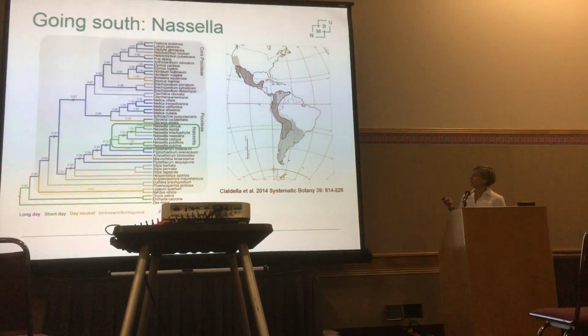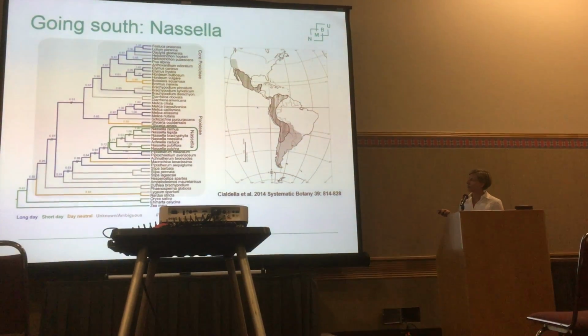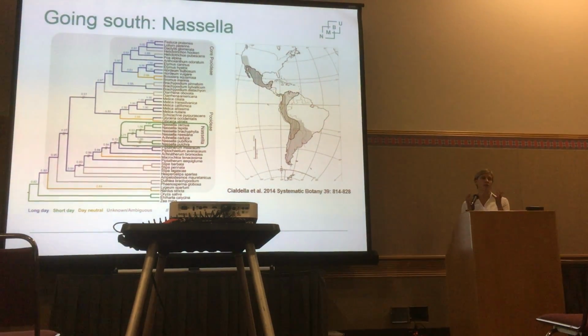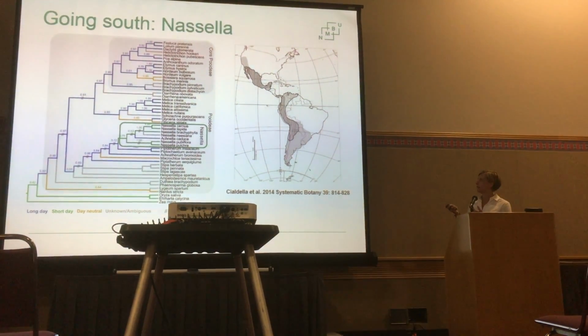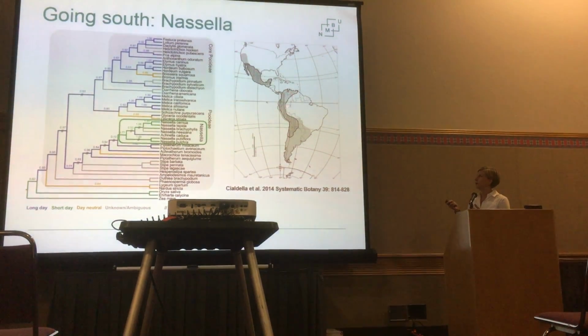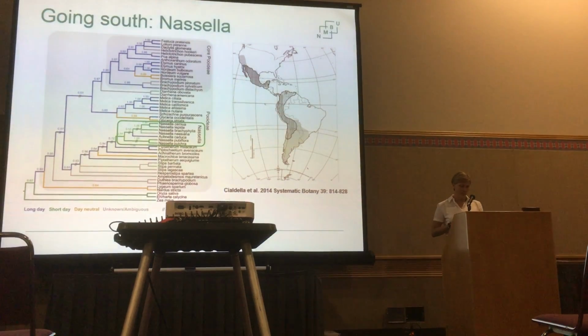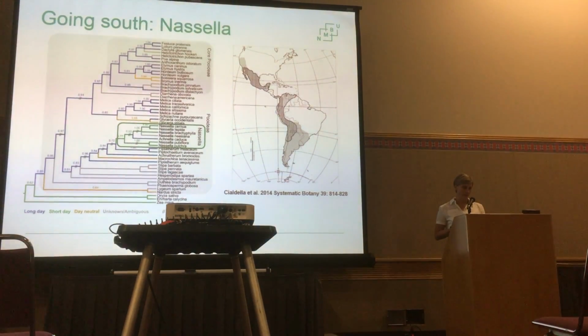So the transition between day length states is not very simple, and it probably controls where they can be, where they diversify.